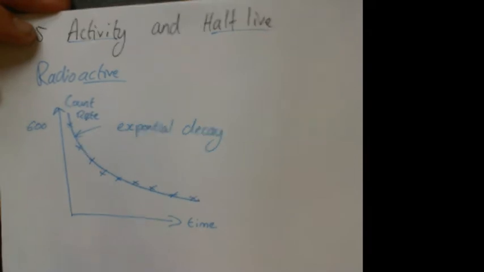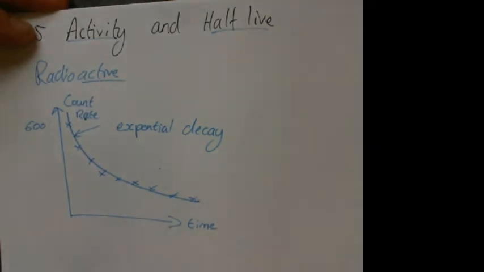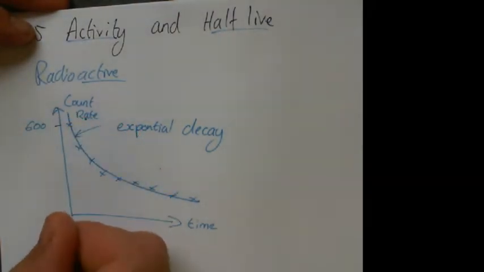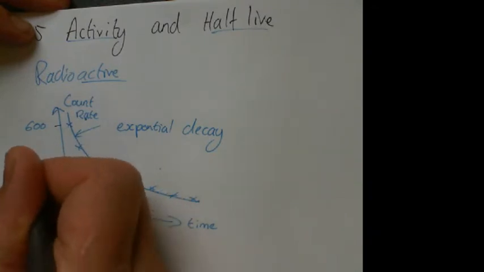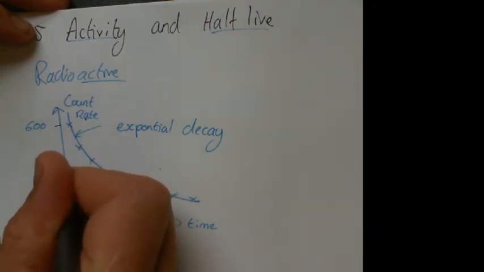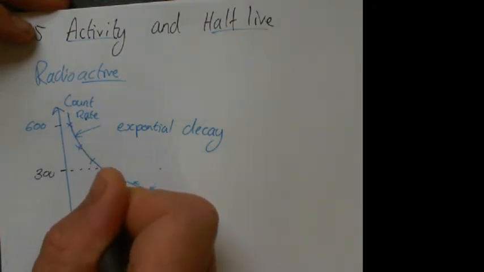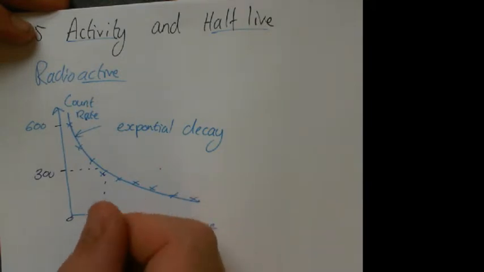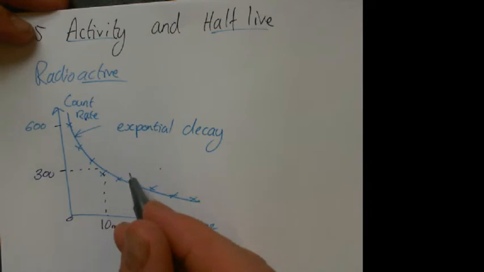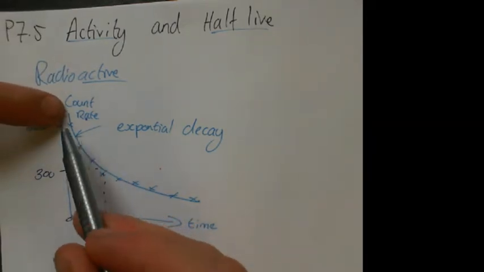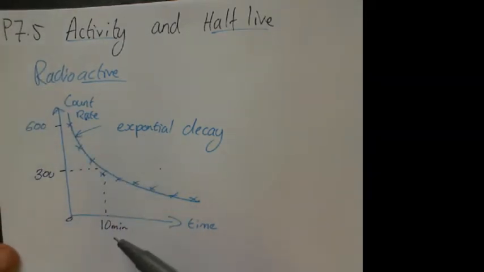Well, the first thing that's most interesting is, if that is 0 and that is 600, and this is 300, then that is the amount of time. Let's say that was 10 minutes. In this example, this source has a half-life of 10 minutes.